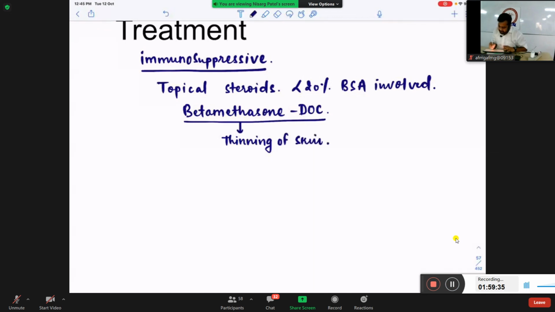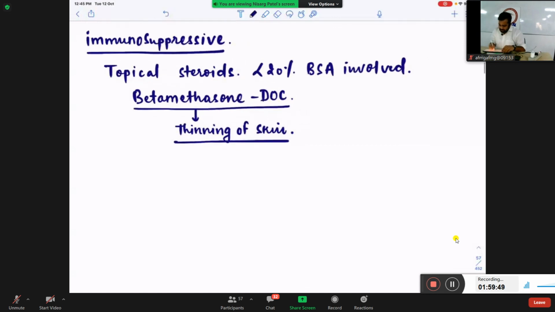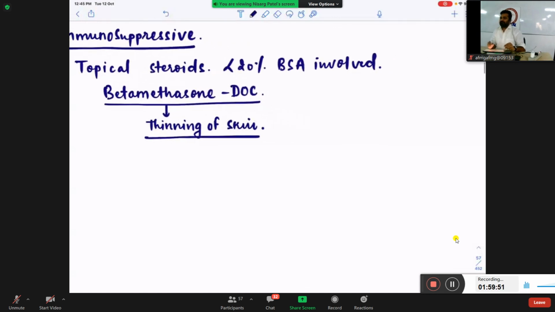Even in Cushing's, you all know the striae which develop on the abdominal skin. It is because of the extreme thinning of the skin. Similarly, when you apply steroids topically, it will cause thinning of the skin. Because of this, doctors do not recommend steroid application on the face skin, because our face skin is relatively thinner compared to the other parts of the skin.